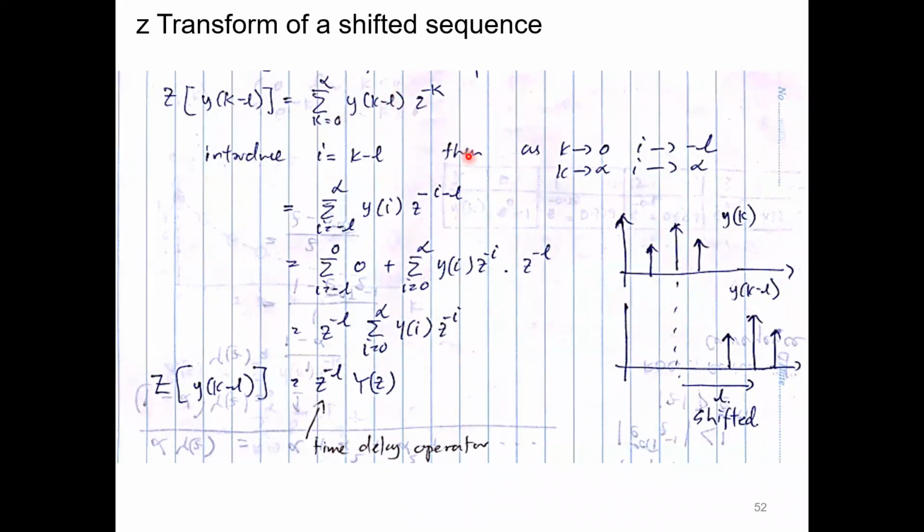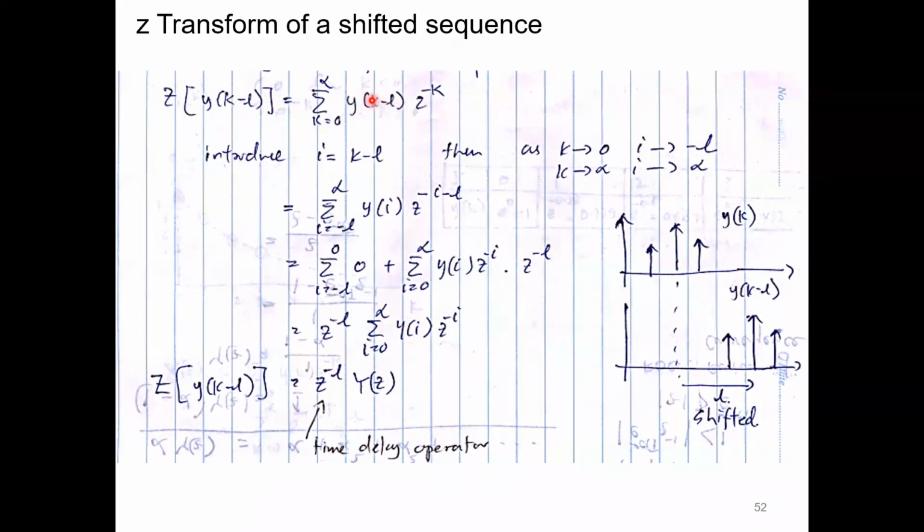Now, what we do next is that for Z transforms, we don't like it to be like this, y(k minus L). We would like to have one variable here, k or L or whatever, with z to the minus the same thing, because that is in line with the basic Z transform definition.